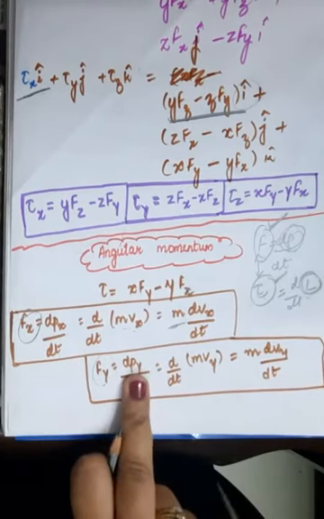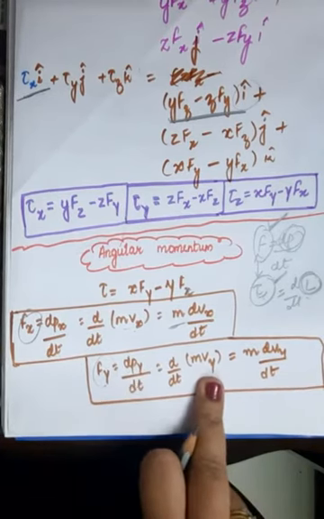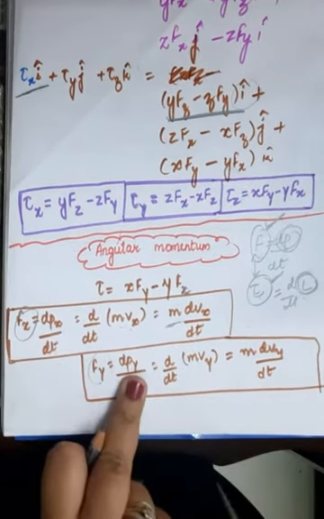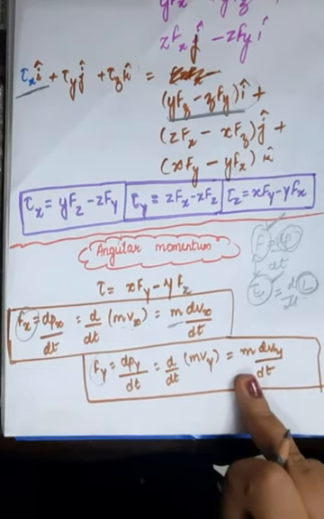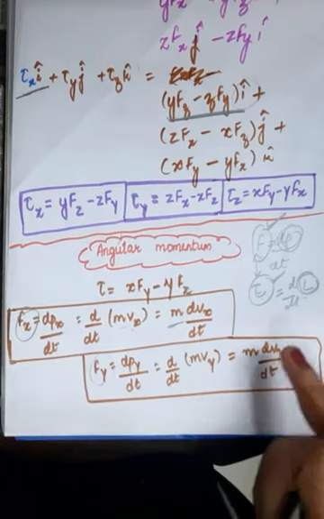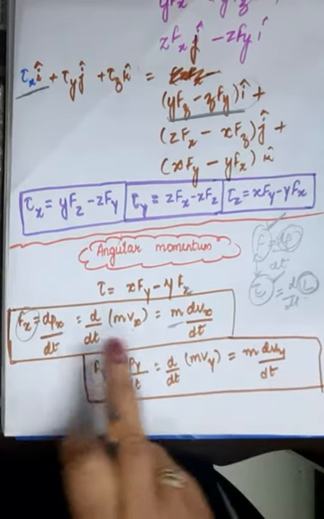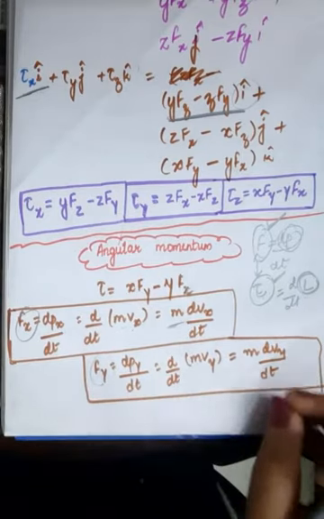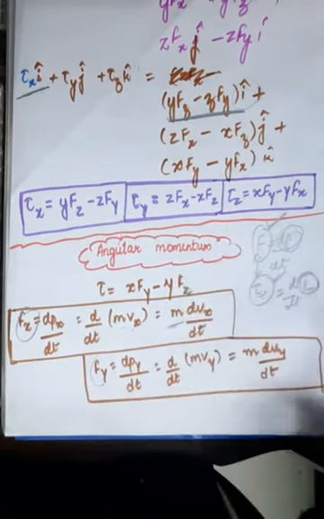In place of py, we write mvy, and mass can again be taken out of differentiation, giving m dvy/dt. So these are the values of Fx and Fy which you can put in this expression.